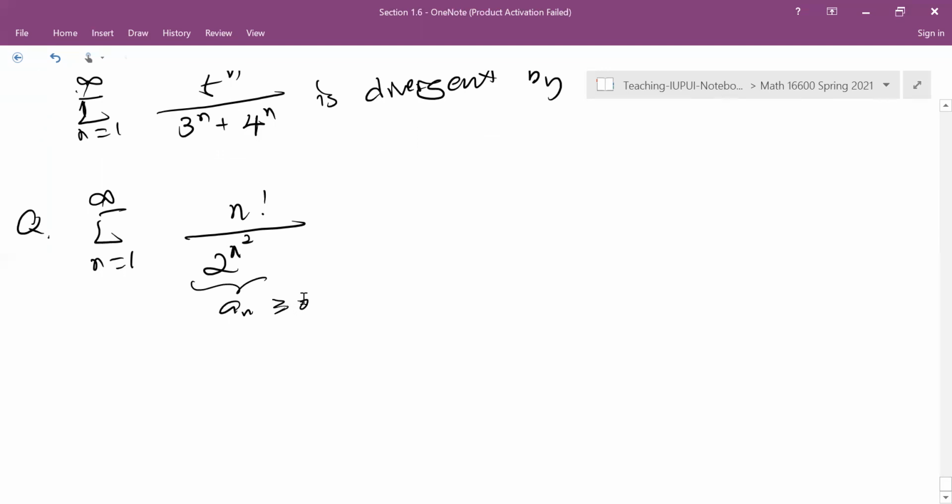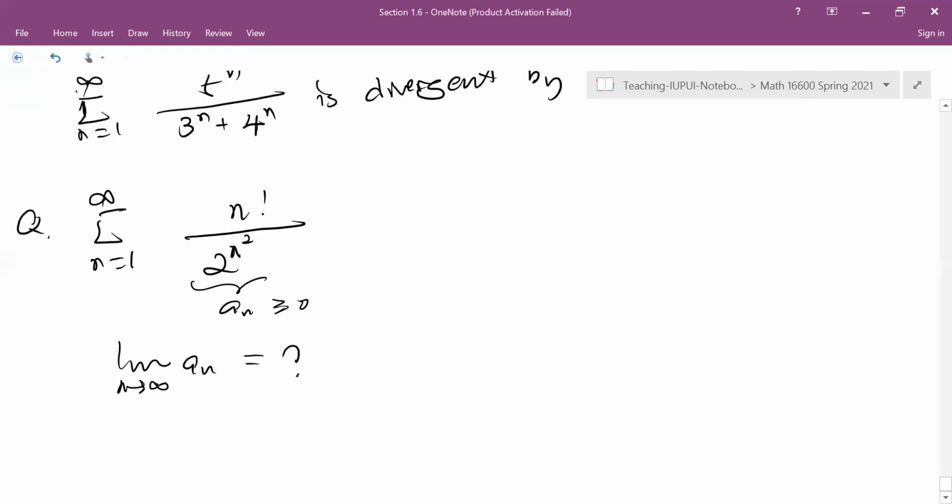So there are many tests you can use. The question is, does a_n approach 0? If a_n does not approach 0, it's already divergent, quick. But I cannot tell what the limit is. At this moment, I don't know.